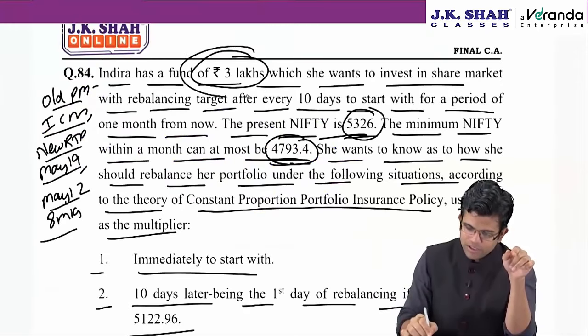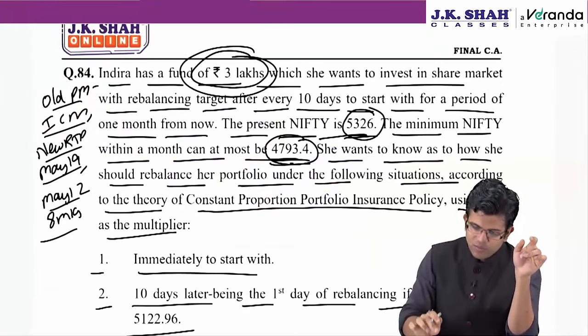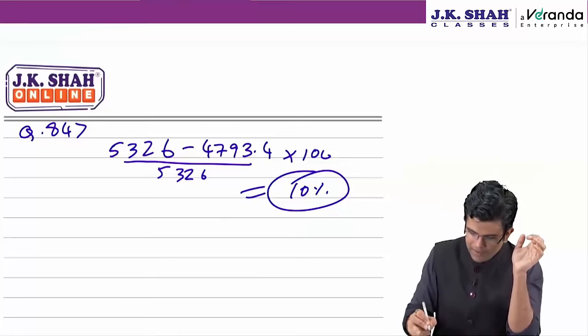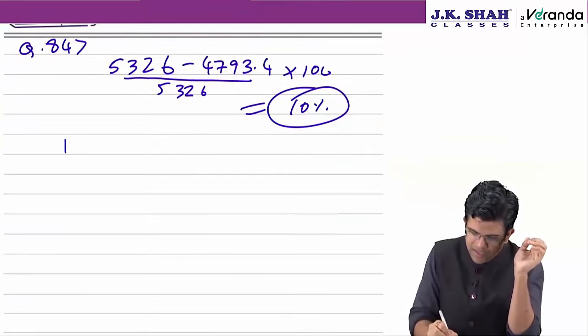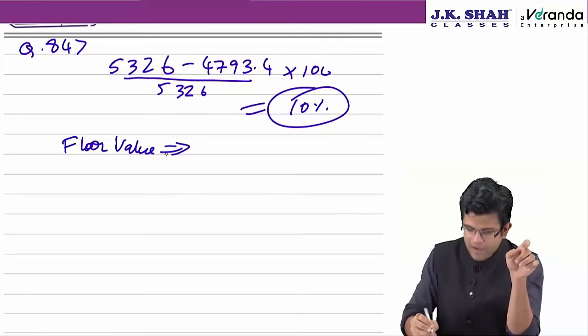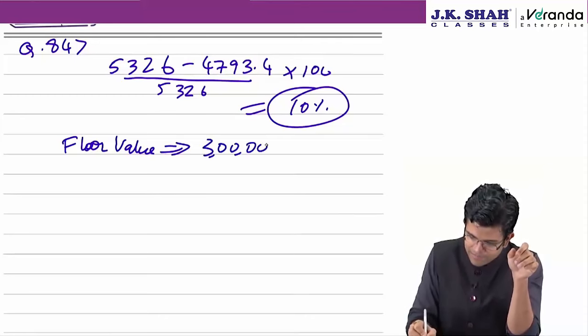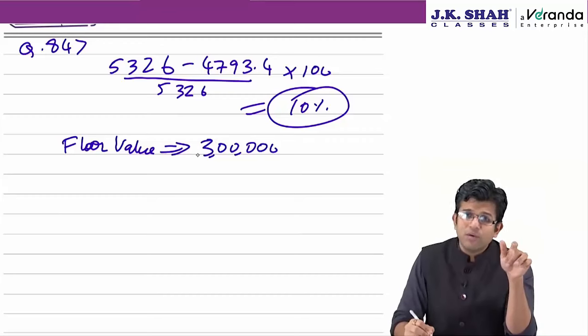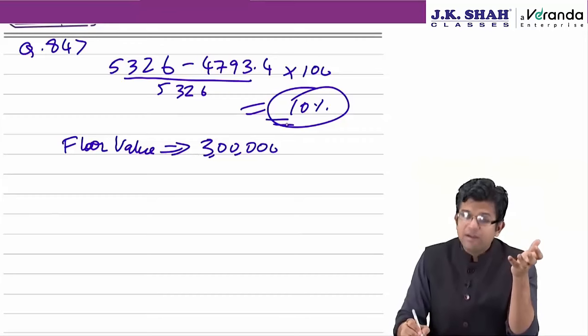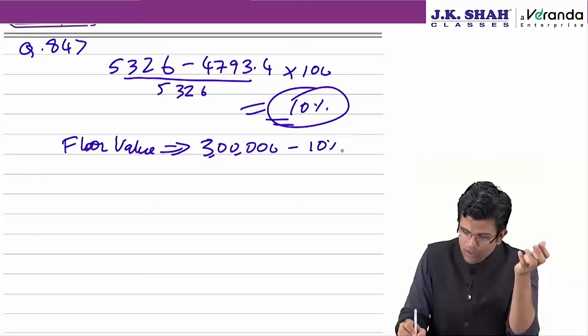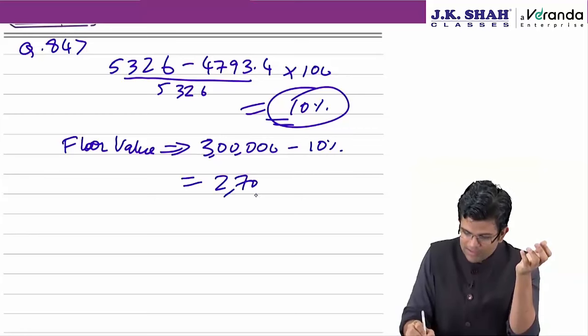Students, what amount does she have? She has 3 lakhs. She wants to put this 3 lakh in the equity market. Do you realize that the floor value, according to her, will be 3 lakhs? Now if this equity moves in tandem with the Nifty, the floor value max she perceives is 2,70,000.